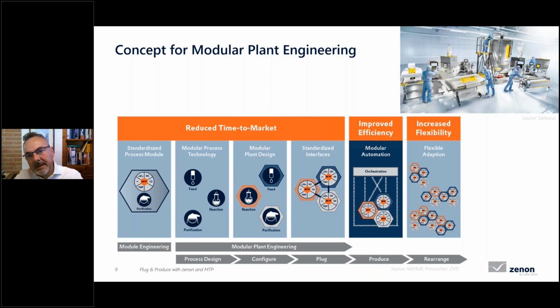So let's imagine I am a process engineer and I need to create my specific workflow. So I simply rent from my, let me call it, catalog of modules I have in my facility. I use the module I need, I plug it, I orchestrate it, and I start producing. This is essentially the idea we have.